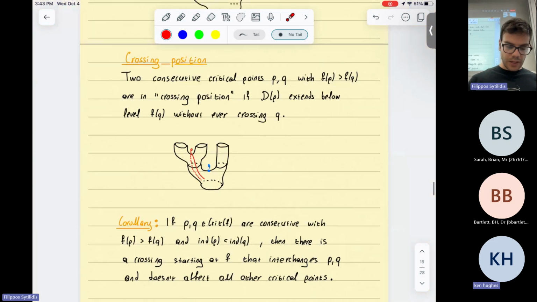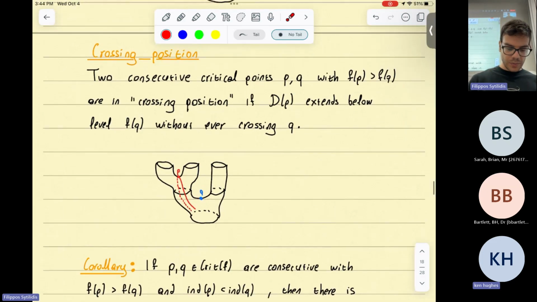And then for two critical points P and Q to be in a crossing position, if they are consecutive, so there are no critical points between P and Q, and say f of P is greater than f of Q, then the condition is that the descending disk of P extends below the level of f of Q without ever crossing Q. So that's exactly it.